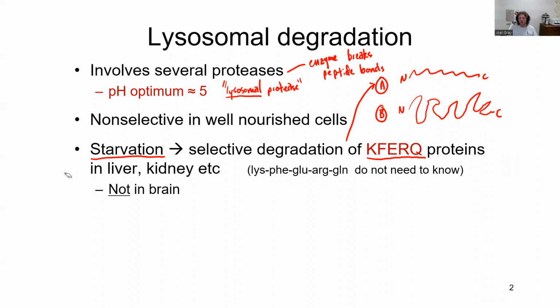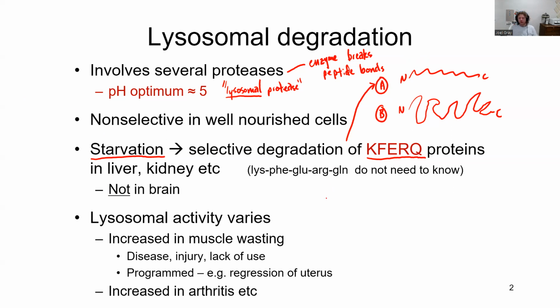So this is the case in the liver and the kidney. This is not the case in the brain. I think that it's important to understand the difference between starvation conditions and non-selective degradation under well-nourished conditions.